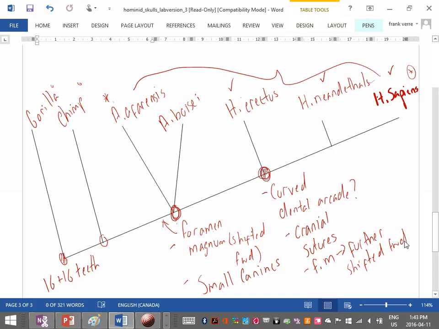Okay. What else? Who has a forehead? What about the eyebrow ridges? Anything else that you guys are looking at when it comes to the data that you can put on this tree?